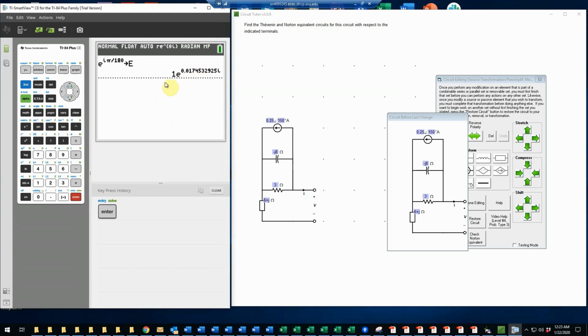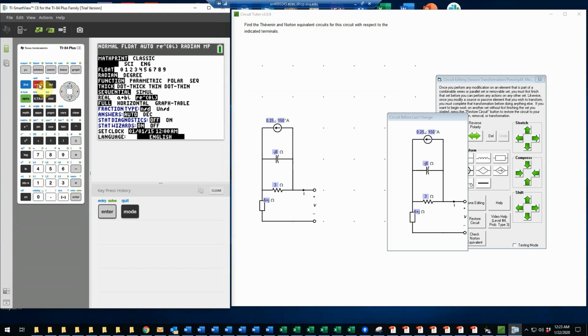And having done that, then I'm going to change my mode now. And now I want to be working in degrees, first of all, because that's what I normally want in Circuit Tutor, and that's what engineers probably use more often anyway. So I'm going to use degrees. And then I also need to go down, and for this particular calculation that I'm doing right now, I want the answer to be in rectangular form.